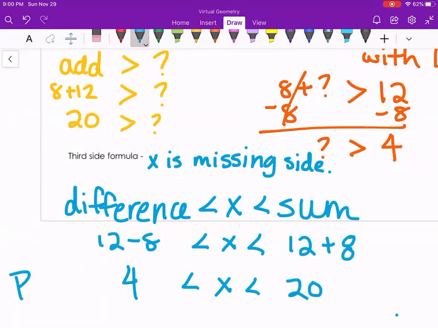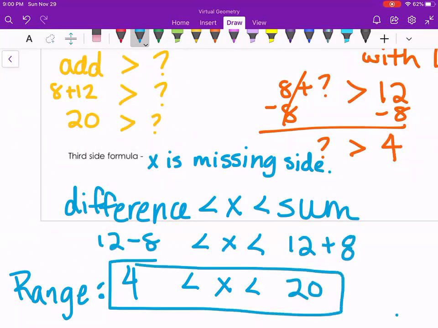So my entire range are any of the numbers that would fit between 4 and 20, but not equal to 4 and not equal to 20. So 5 could work, 6 could work, anything between those two numbers, but it cannot be equal to those two numbers. So even 4.1 could work.